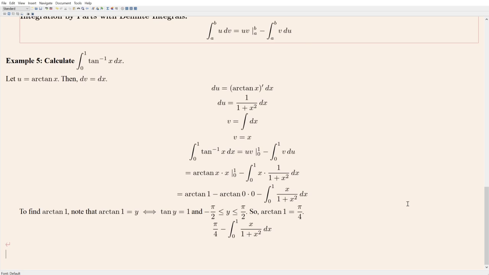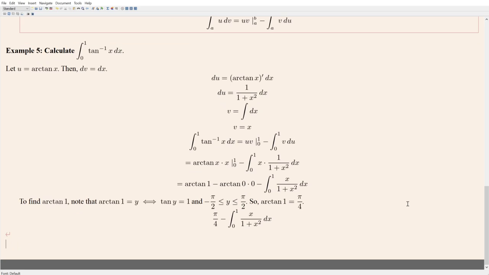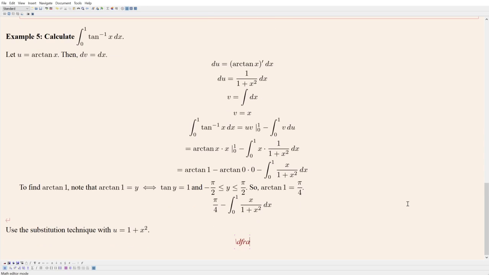So, as for that integral, like I was saying, let's do a substitution. Use the substitution technique with u equal to 1 plus x squared. Then du dx is equal to 2x.